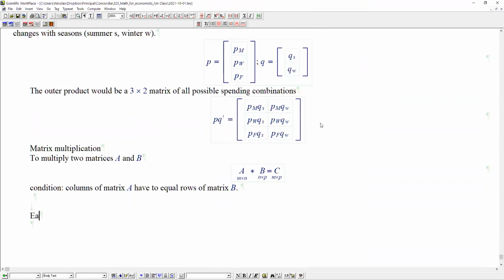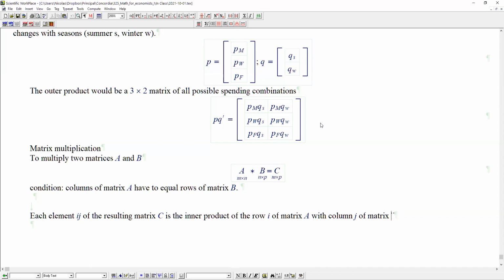So each element ij of the resulting matrix C is the inner product of the row i of matrix A with column j of matrix B. So C would be equal to, yeah, that would be complicated to write down.